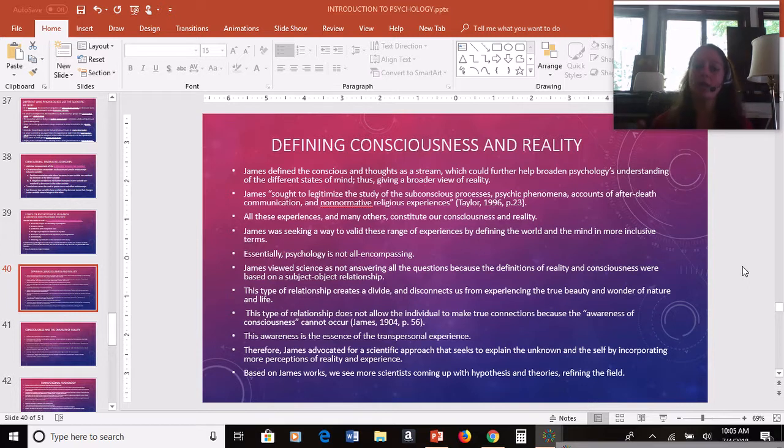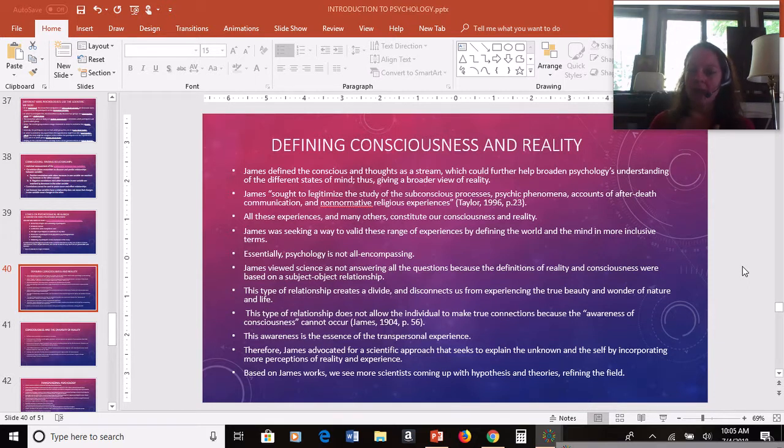To summarize on this slide, the reason that is important is because it helps us understand those different states of mind, those different states of consciousness and experiences of reality that we have. It gives us a broader view of reality, and very much goes against Aristotle and his five-sense view of reality.